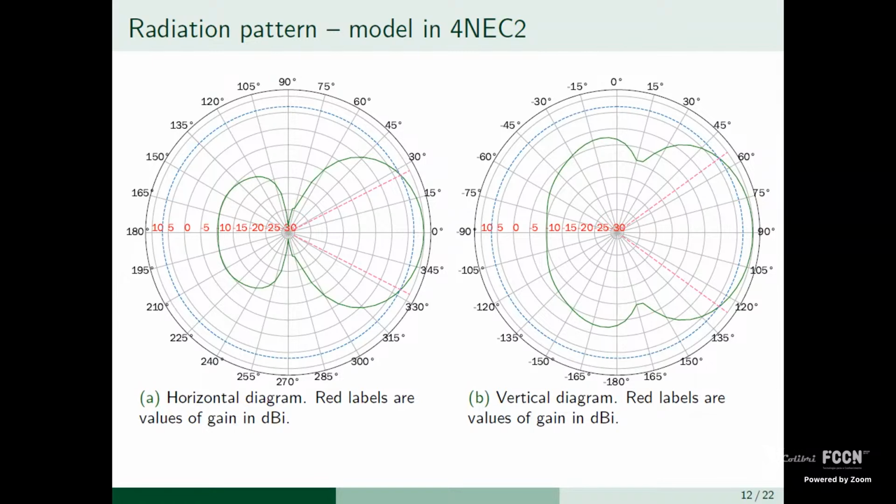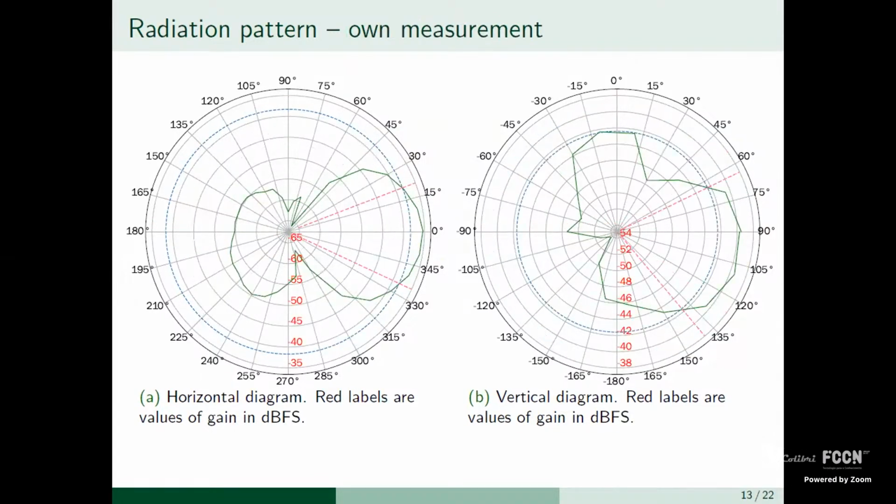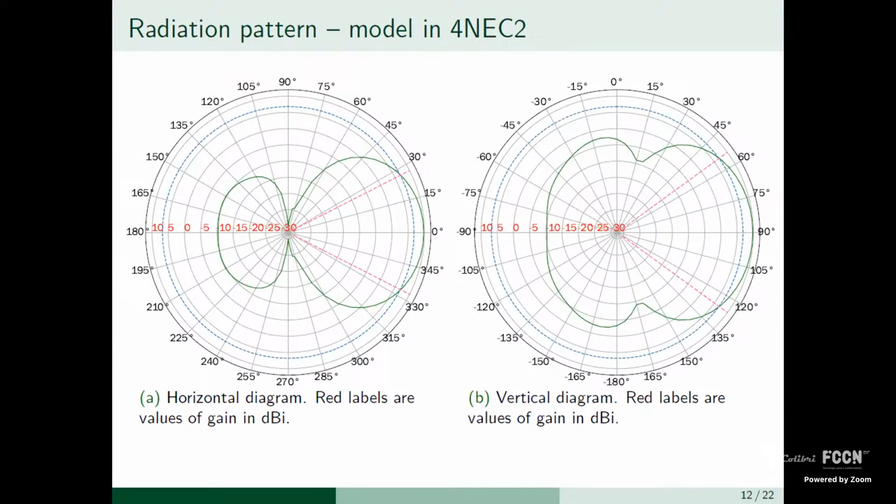But of course, my measurements were done on Earth, and this is finally what happened. The reflections from the surrounding objects and mainly the Earth's ground deform this pattern, so it looks pretty different from what the model predicts.